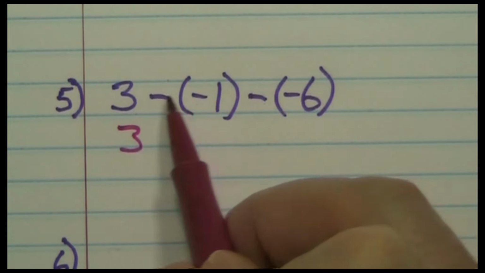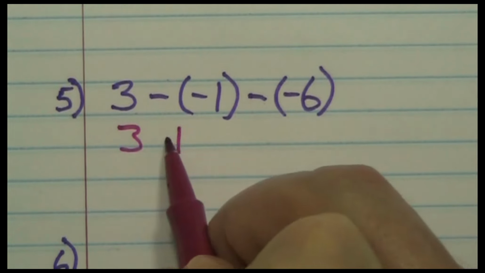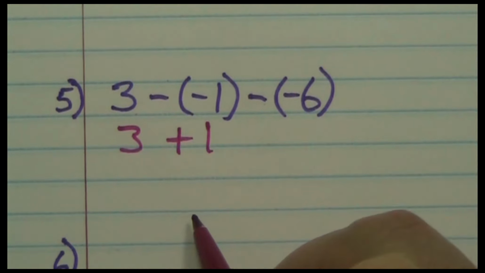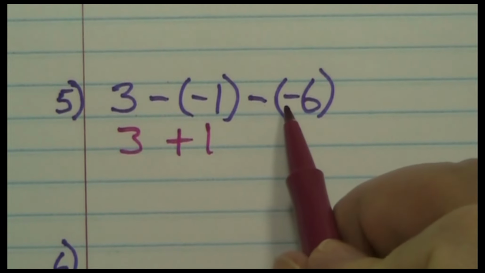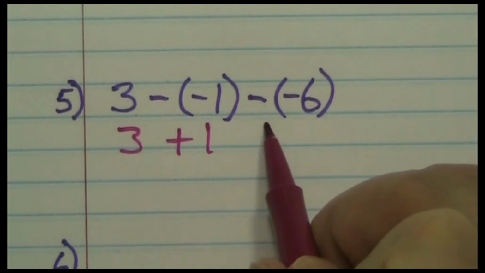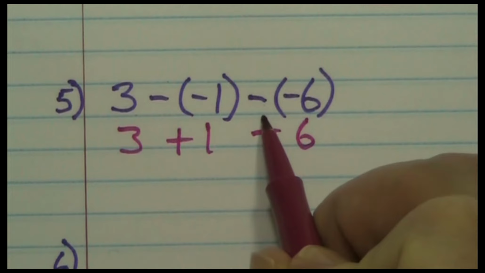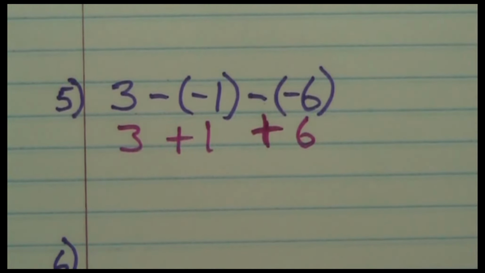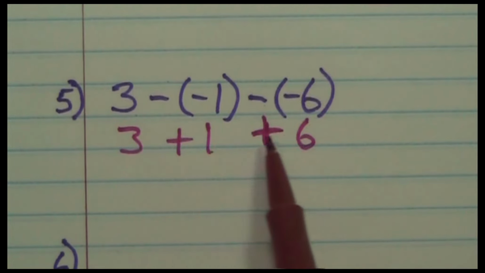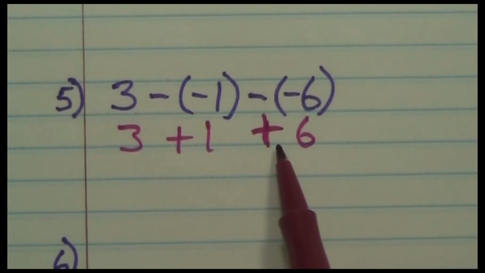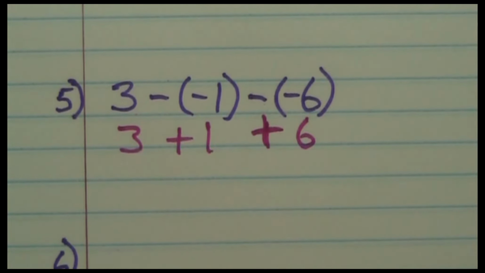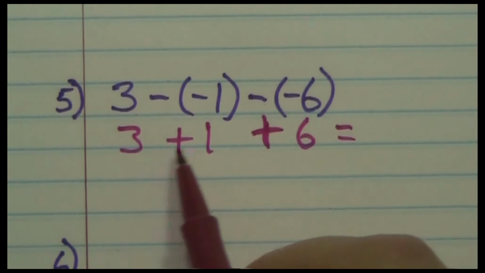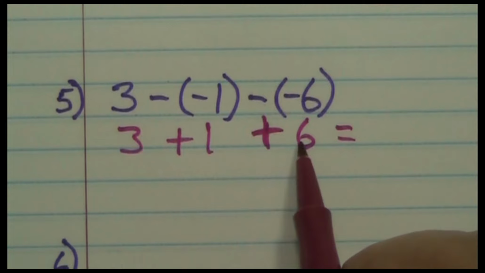Take away cold, it's going to make it hot. Or this makes a big plus. Same thing with this one. This makes a big plus. And so now I just have 3 plus 1 plus 6. Okay, well that's pretty simple. 3 plus 1 is 4 plus 6.